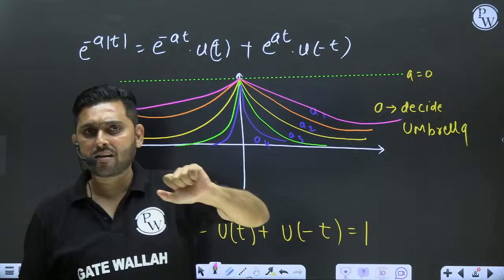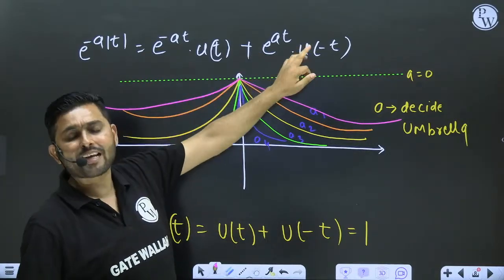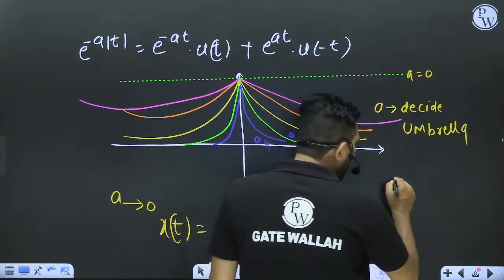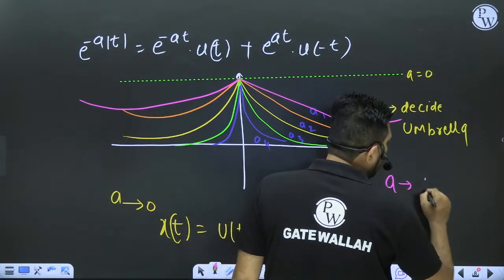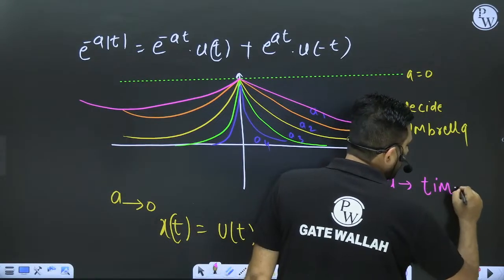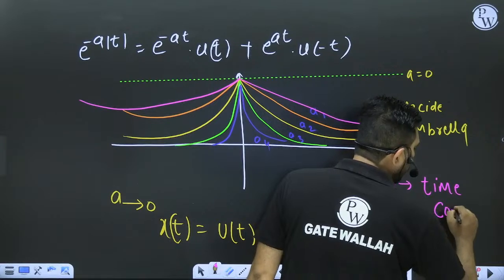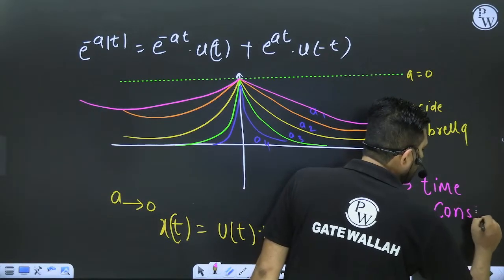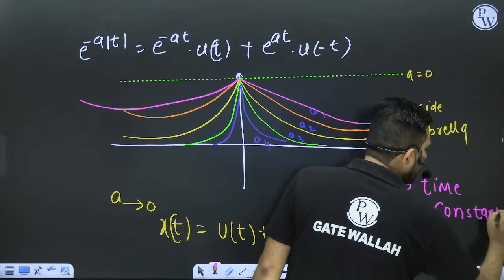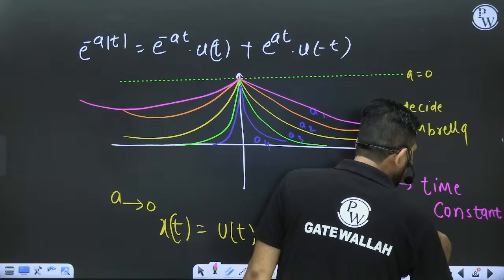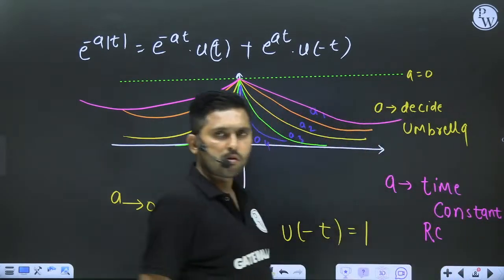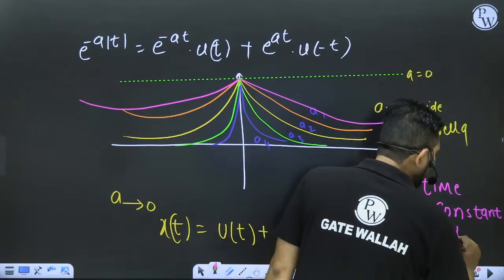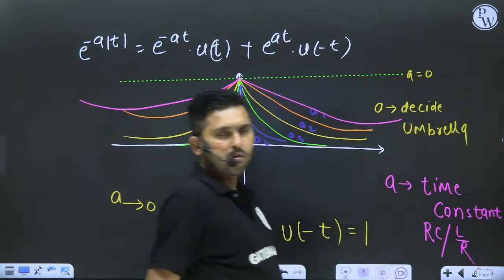And in network and control systems, you will come to know that this a is basically a time constant, mind it, which is RC or L by R, or R by L, whatever.